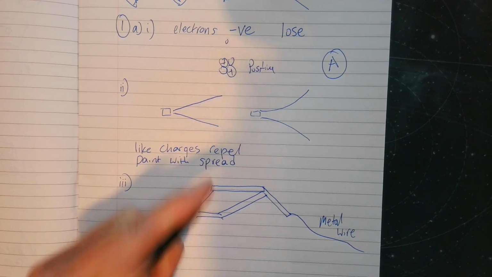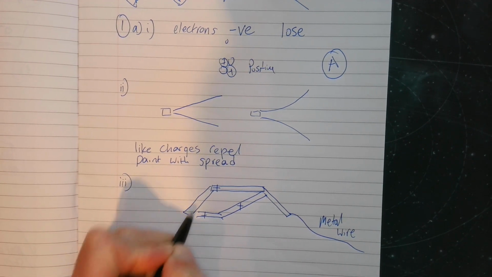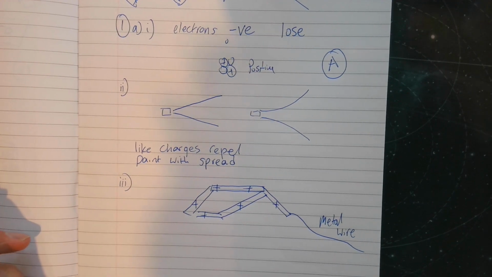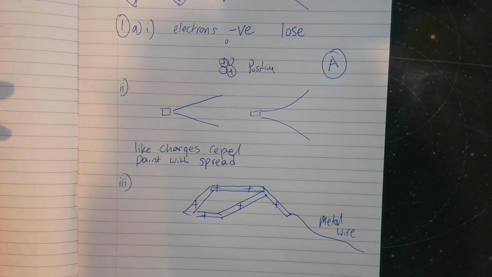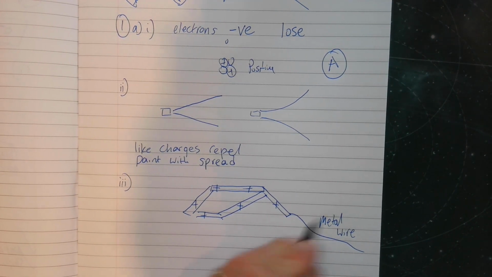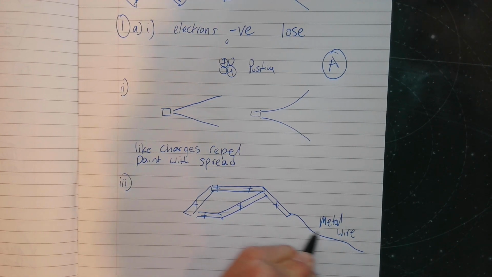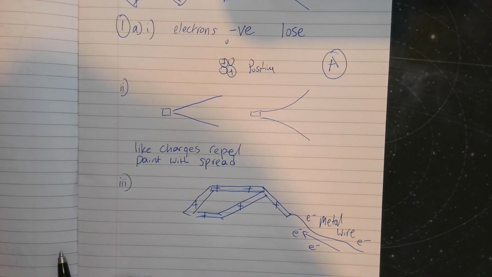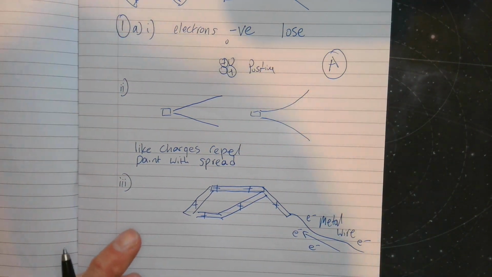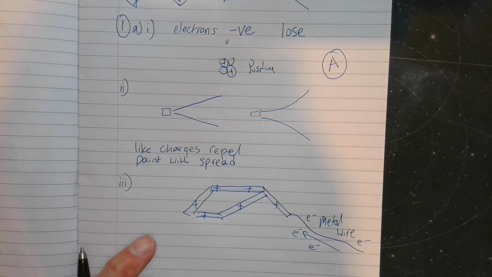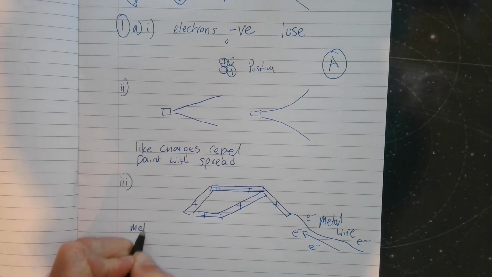Now let's have a think. If we just continue to spray the object with positive paint, it's going to build up a positive charge, and then it's going to start repelling the paint, which is exactly the opposite of what we want if we're trying to spray paint it. So we need to get rid of charge that builds up. If we connect a metal wire to Earth, we're actually going to get electrons moving in this direction. But at GCSE, so long as you just say that the metal wire can conduct the electrons, or that it is a conductor, that's fine.